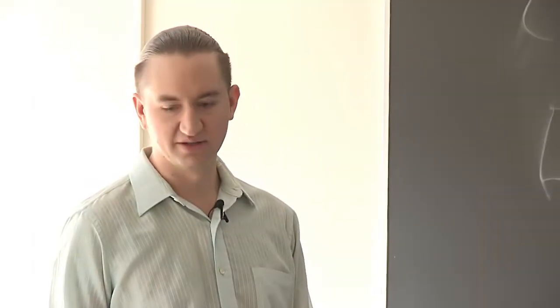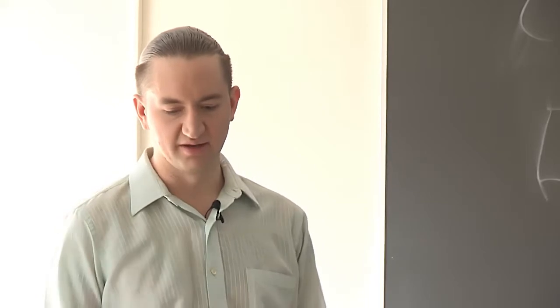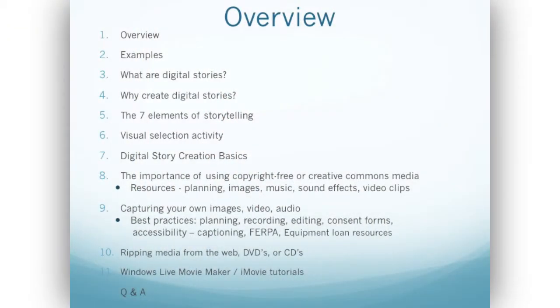We're going to talk about digital stories, and why it's a good idea to create them. The 7 elements of digital storytelling will give you some direction on how to create these conceptually. We're going to do a visual selection activity where you'll get to choose images that go with a story, and then I have an iMovie project where we'll put it all together and you'll actually get to watch the story that we create together.